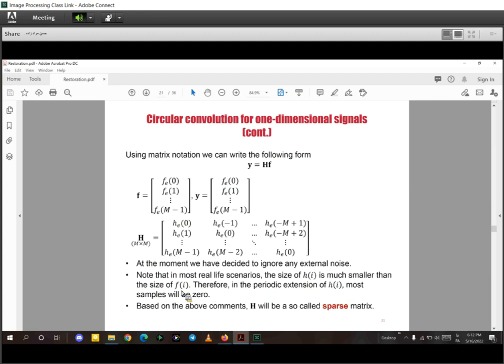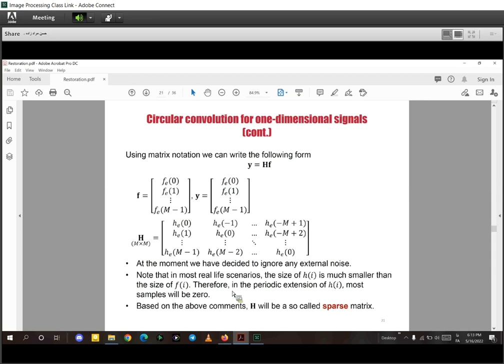For example, with some dimensions, f is very much larger than h.